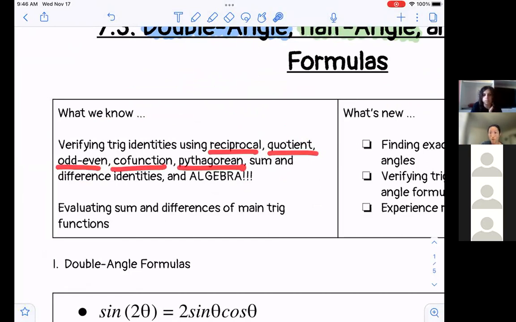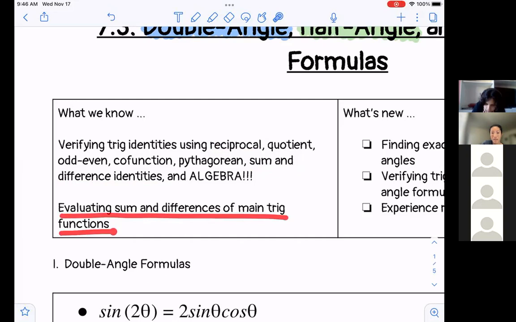All right, so those first few came from the very beginning, whereas the sum and difference identities are the ones that you watched a video for on Monday. Okay. You also in that video saw how to evaluate sum and differences of main trig functions. And sometimes that can feel a little bit better because you're actually getting a numerical answer rather than just trying to make two sides of an equation match.